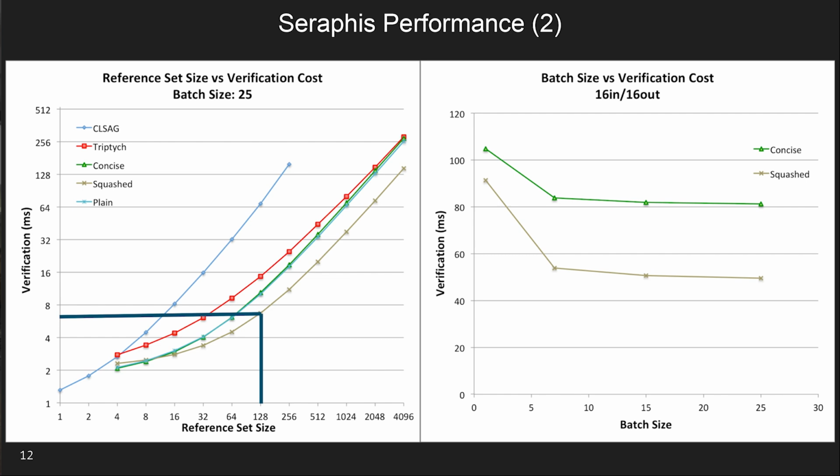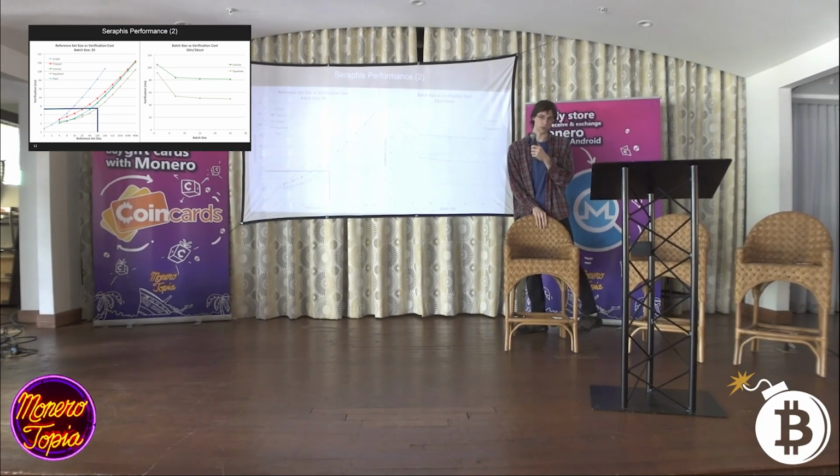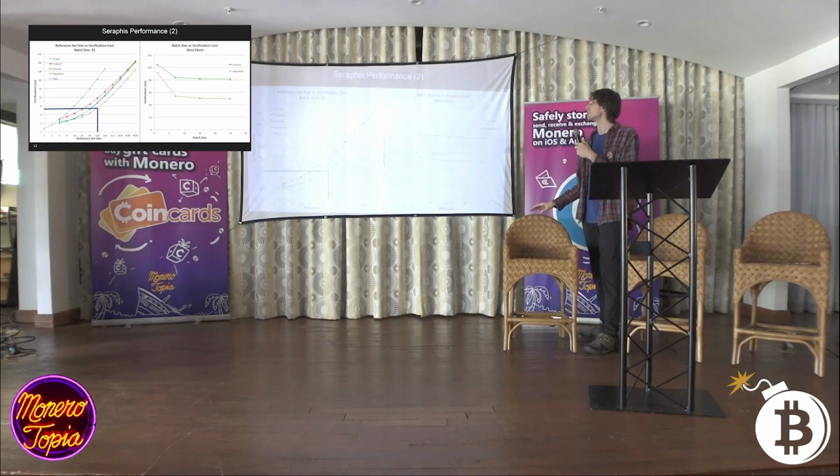So this is just comparing two of the Seraphis implementations. As the batch size increases, this implementation is significantly better than the other implementation due to more batching that you're able to do with this technique. Anyway, you can go on. Next slide.